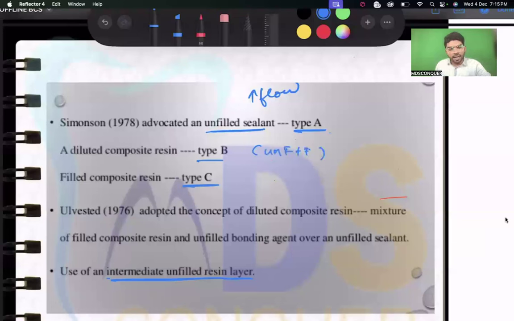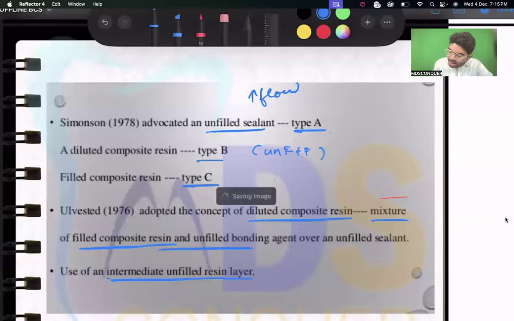And type C is filled. Here, diluted composite resin is a mix of filled composite resin and unfilled bonding agent. So that is all about the types of resin restoration: type A, type B, and type C.